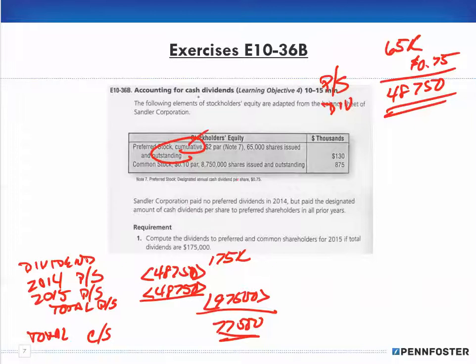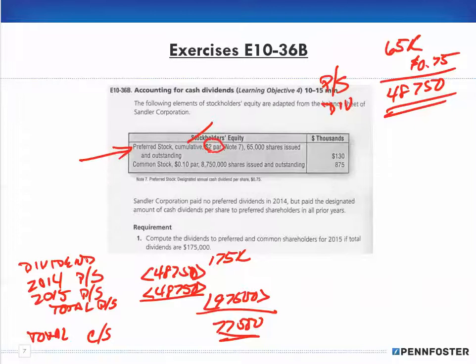All right. So let me just quickly go back over this, so you see where all of the parts are coming from. These are the elements on the balance sheet in the stockholders' equity. And it says preferred is cumulative.